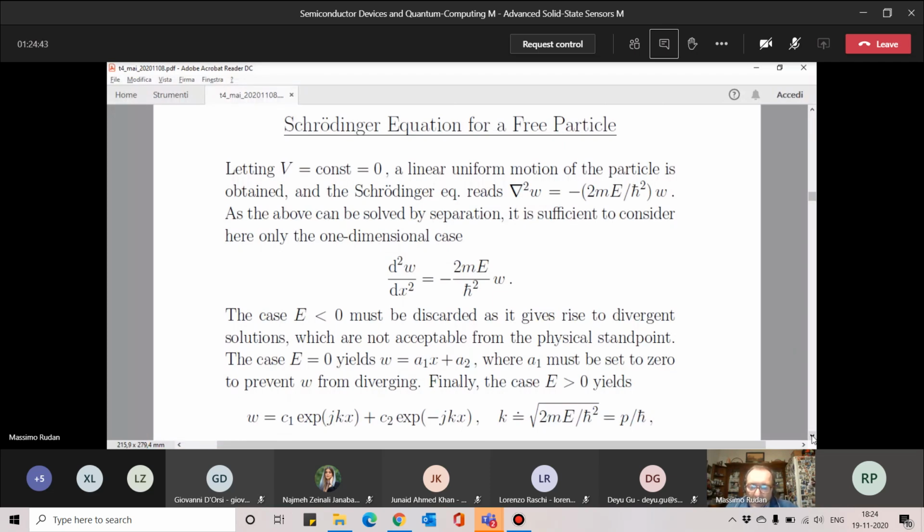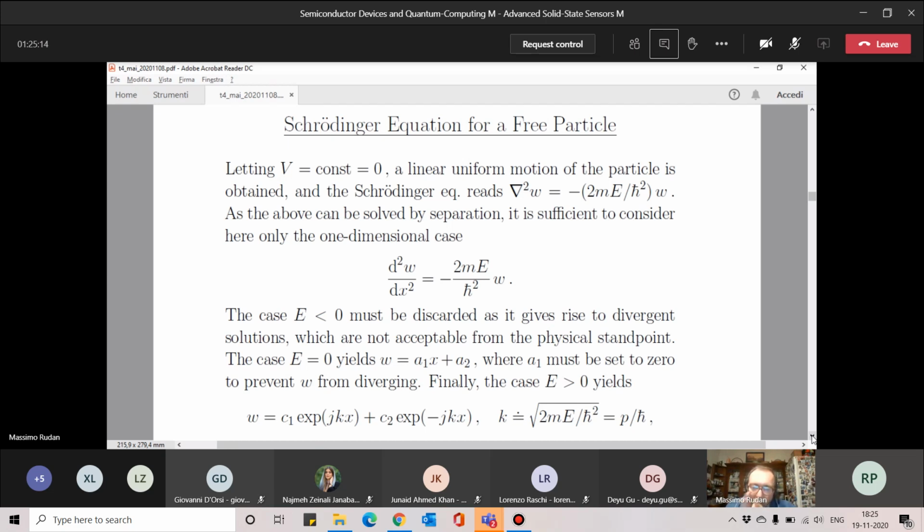And this equation is separable because the operator is the sum of three terms that depend only on the derivative on x, y, or z. And W can be expressed as the product of three functions that depend on x, y, and z. So it is separable, and this problem of separation will be considered later.